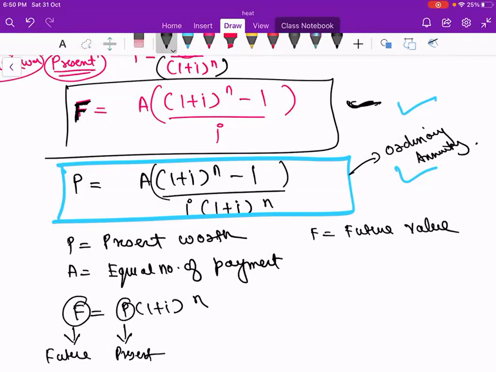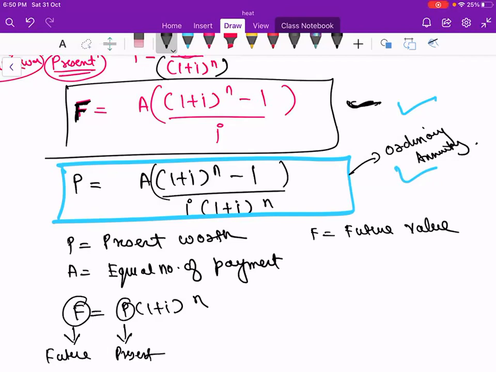But this value is future. You are getting a lump sum amount from the annuity formula, future amount. So that is why both F are same. F of compound interest is the future amount, lump sum amount we are getting in the future, and this F from the annuity formula is also the future amount, lump sum amount I am getting in the future.